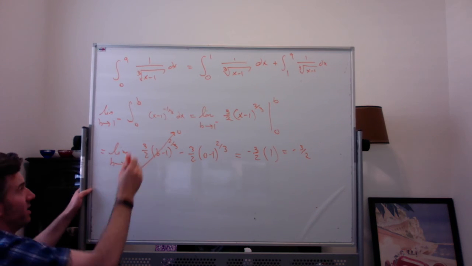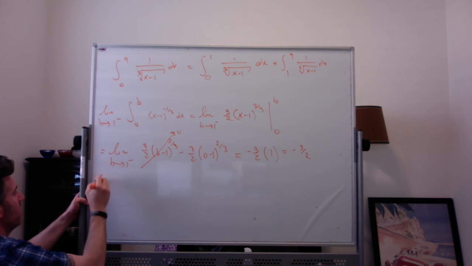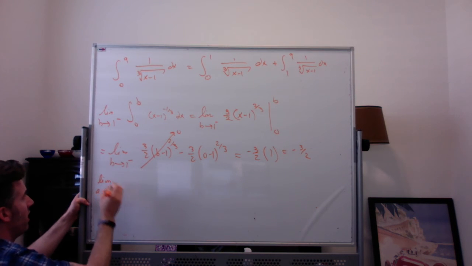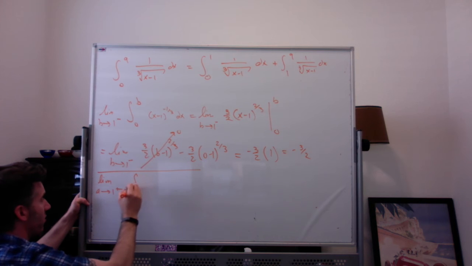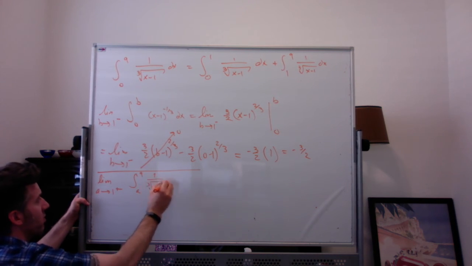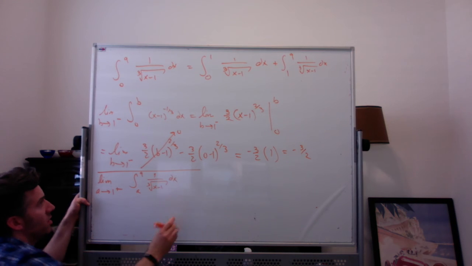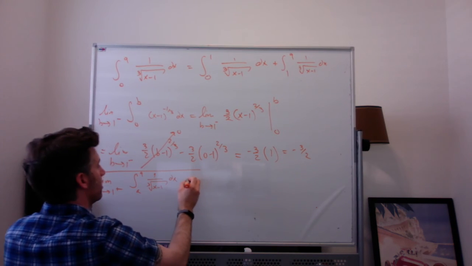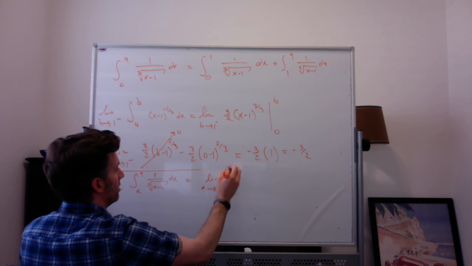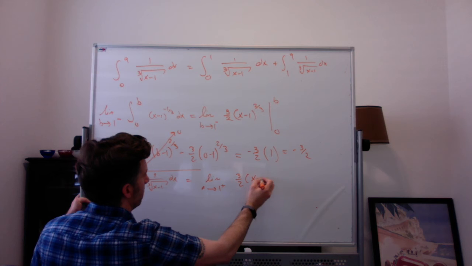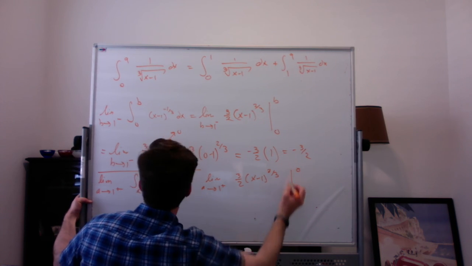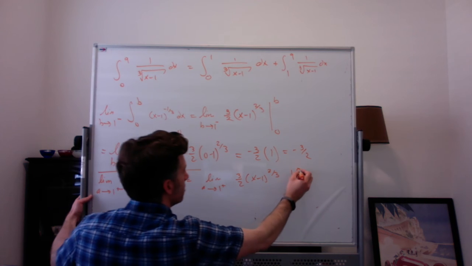Luckily we've already done the integral, so the other piece is going to be the limit as a approaches 1 from the right of the integral from a to 9 of 1 over the cube root of x minus 1 dx. And we know how this integrates, right? It's 3 halves x minus 1 to the 2/3 from a to 9, apologies.